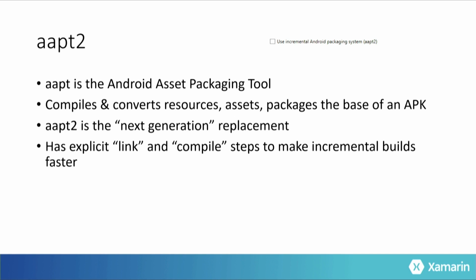So compile will go compile everything you have in your app, and at the end, link will put it together in the APK. So if you change an Android XML layout file, or add a new image, we don't need to rebuild the world anymore with aapt2. It can just build the resources in your app and then link everything together at the end. And if you think about the Android support libraries, they have resources in there that if you're using the old aapt, it's going to build those every time.